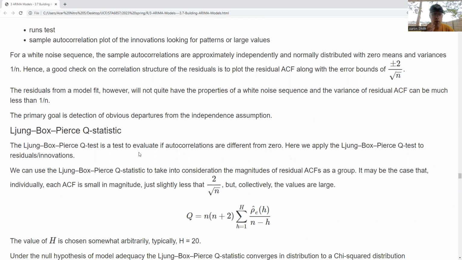The primary goal at this point is to detect obvious departures from the independence assumption, because if the residuals are not independent of each other, I haven't captured all the structure of the time series.